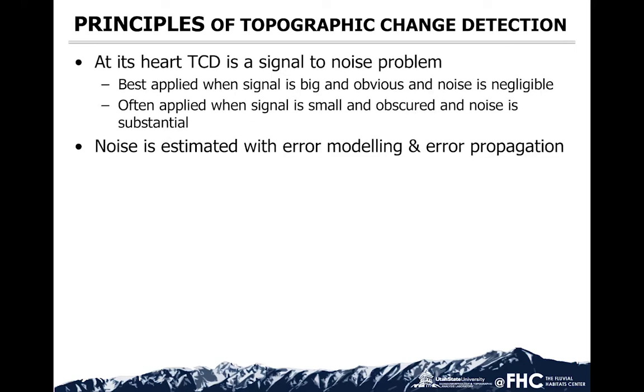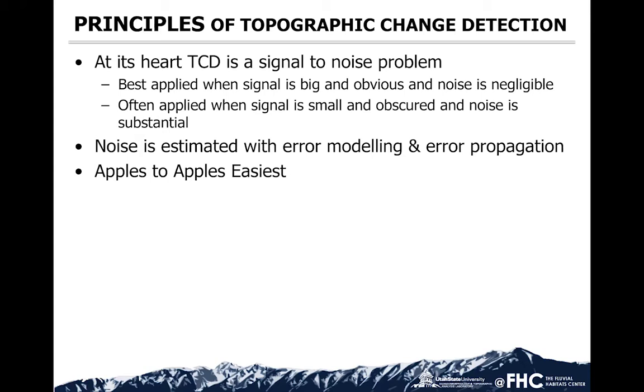The noise part of this is typically estimated with some sort of error modeling, and we'll talk briefly. We won't go into much depth on any of that, and then error propagation. And when you're doing this sort of thing, apples to apples is the easiest. And we heard this in some of the talks yesterday.